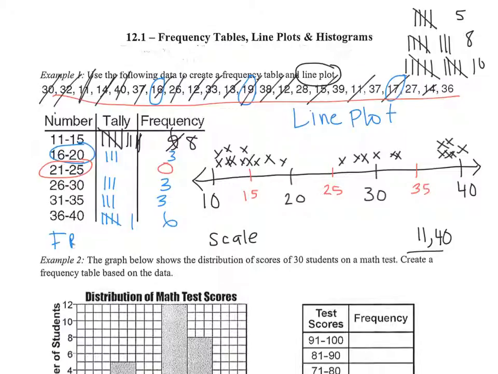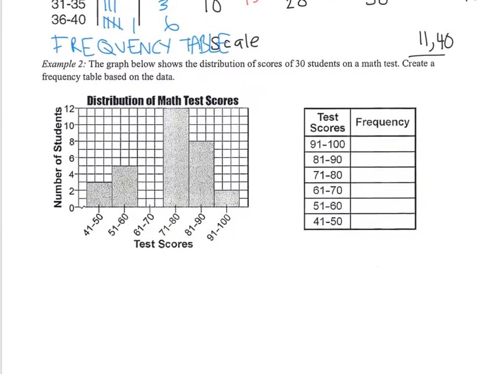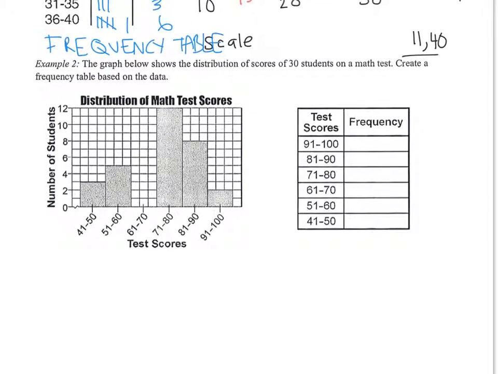This is called a frequency table. And then down here, this right here is called a histogram. Histograms look like bar graphs, in that there are bars, but there's no space in between the bars, and they go up by an interval.